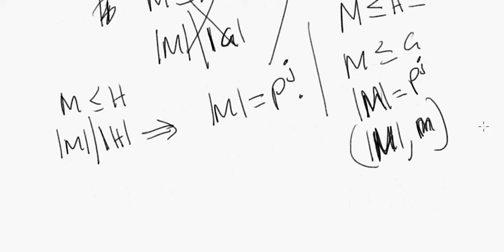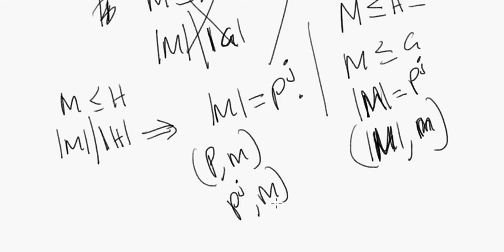Since we said before that p is relatively prime to little m, isn't p to the j also relatively prime to little m?